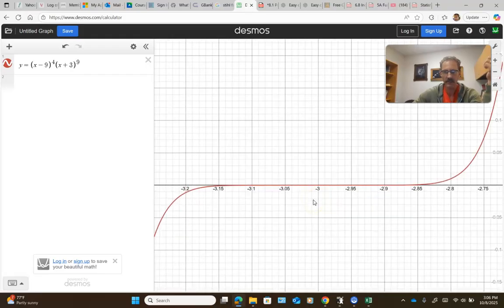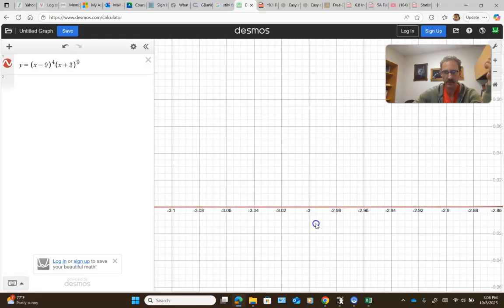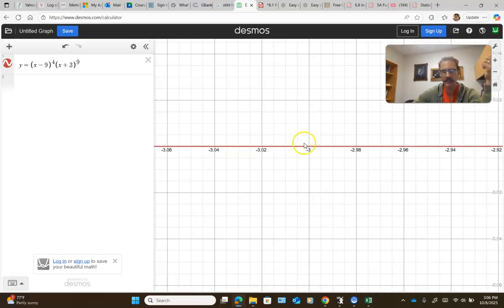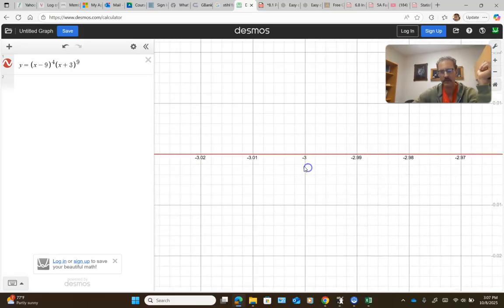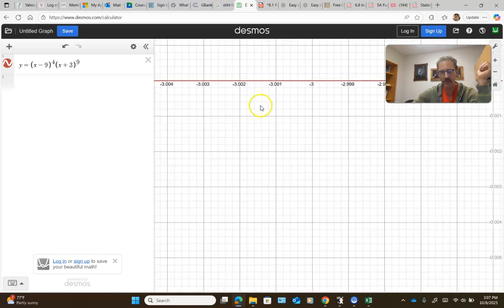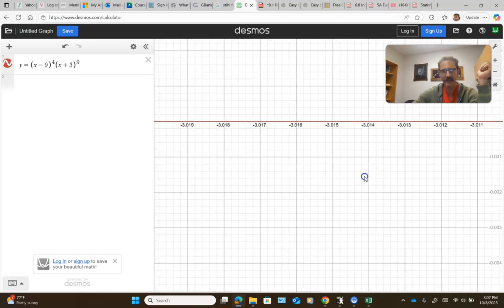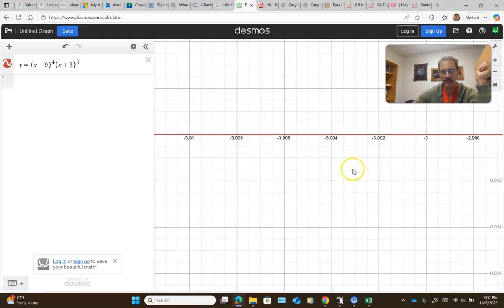It's kind of hard to see. We have to just keep zooming in because it looks like it's parallel, but it is actually crossing right here at -3. It's just that for these values of x, the function is so close to the x-axis it's indiscernible. But if you could just zoom in and zoom in and zoom in, you'd eventually see maybe a separation there.